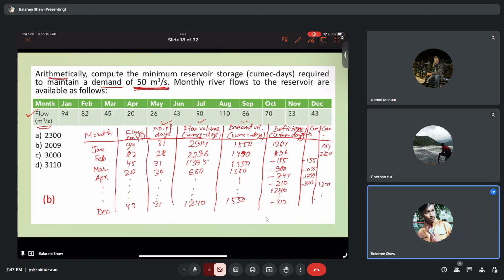If you do the cumulative, you will get 4890. The maximum negative deficiency we have will be the minimum storage value. This we know. So the correct answer will be B, that is 2009.